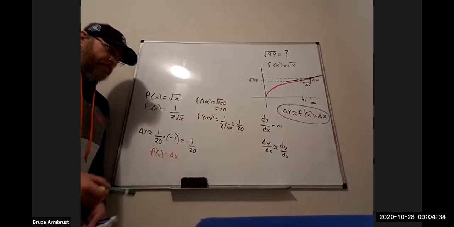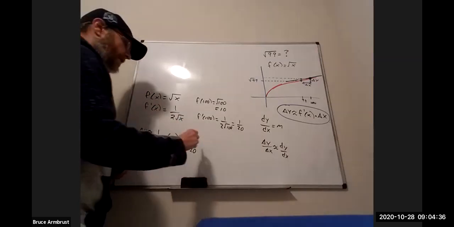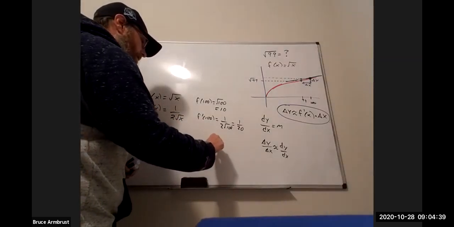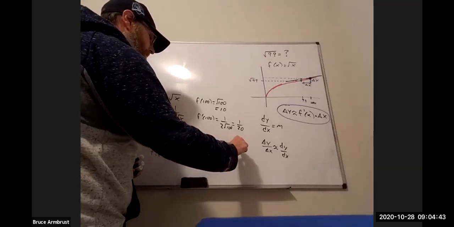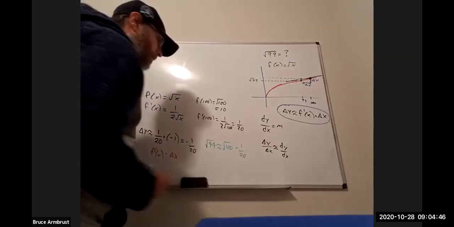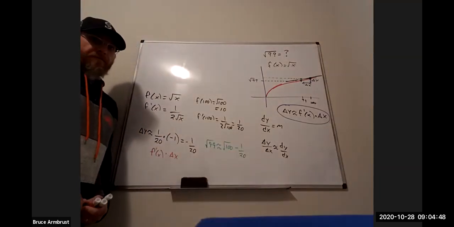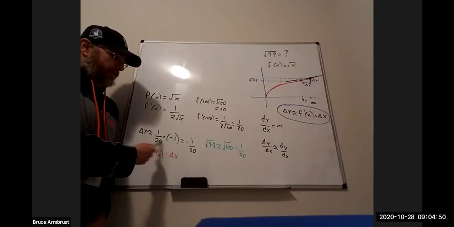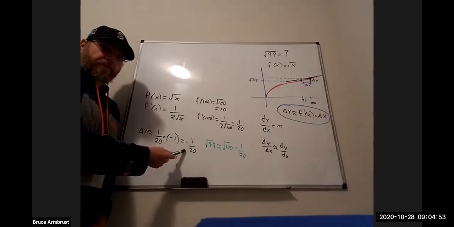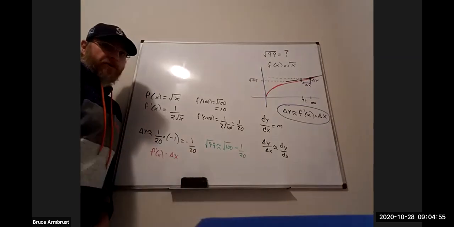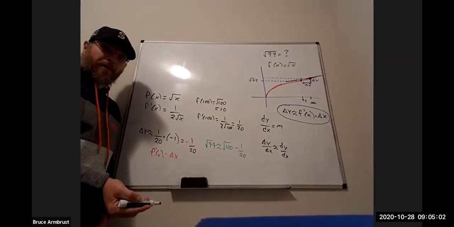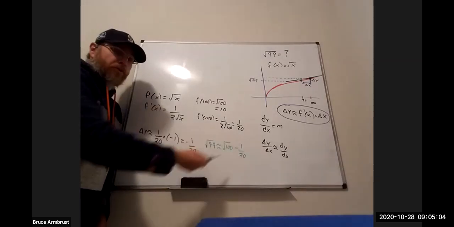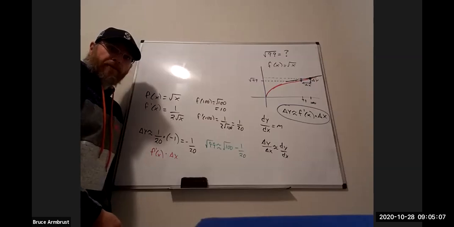So that means once we put this all together, the square root of 99 is going to be approximately equal to the square root of 100 minus 1/20th. So whatever we would have found for our delta y, we're going to add that to the square root of 100. All right, well, we know the square root of 100 is 10. 1/20th is 0.05.